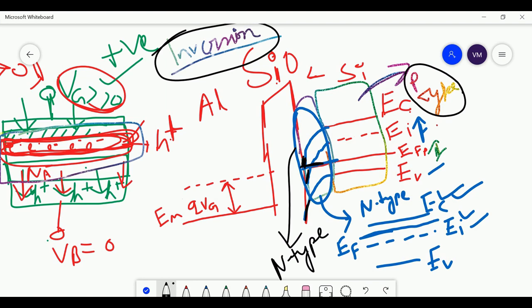And one more thing you need to understand here is why this condition is occurring.